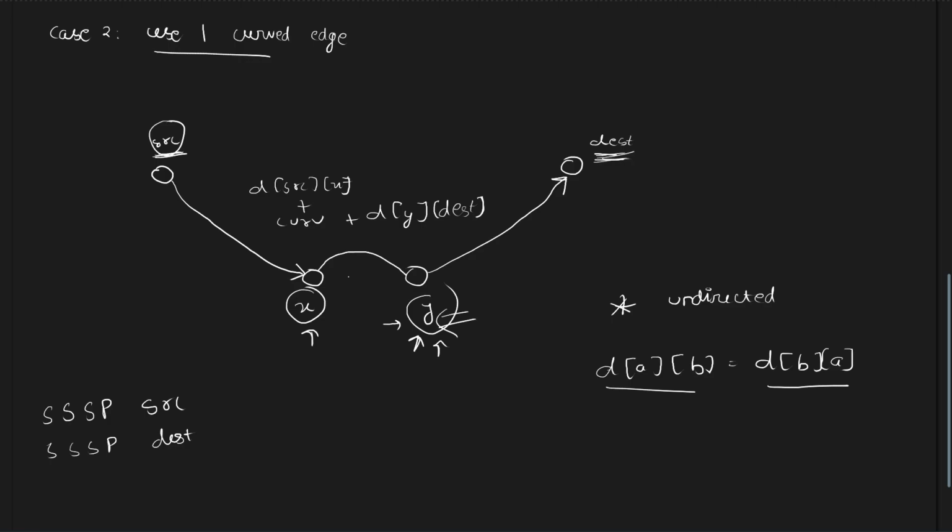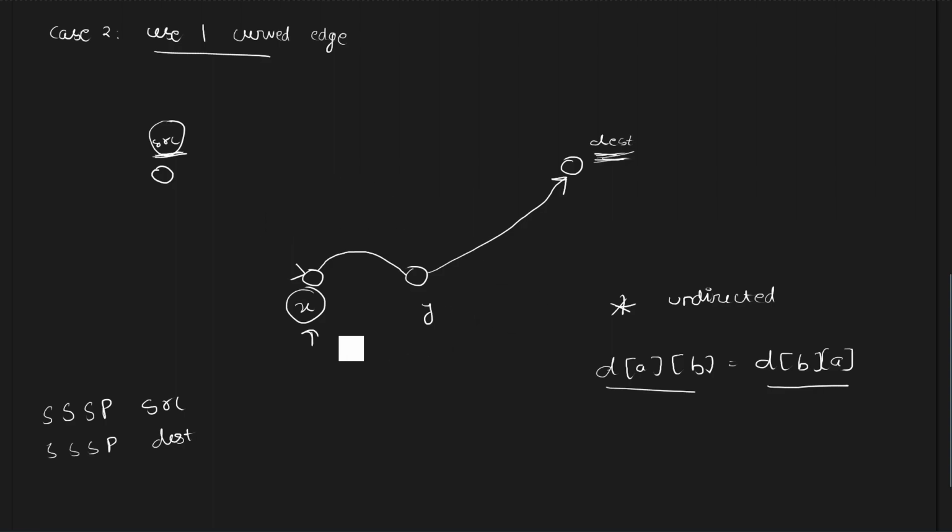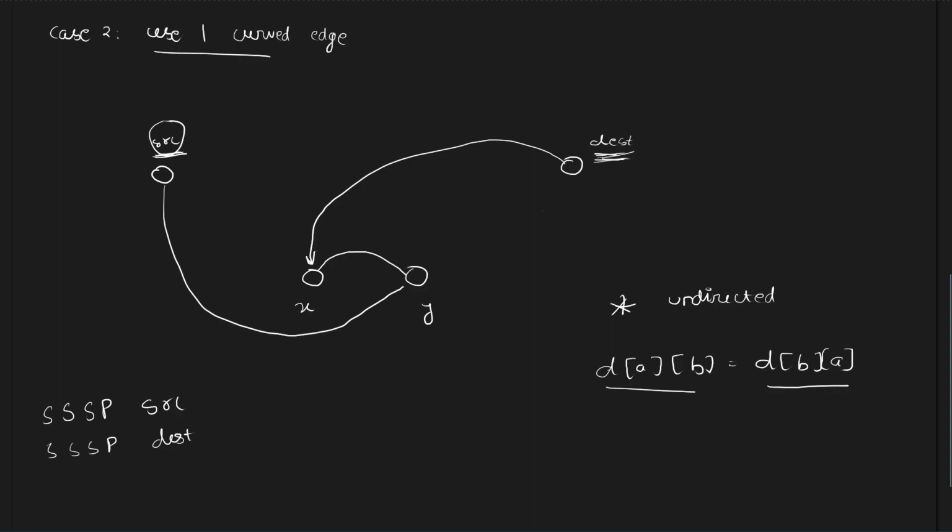This was just one configuration of attaching these two points, source and destination. Now I will show you an alternate configuration. Instead, we could have connected the destination to x and then connected the source to y.